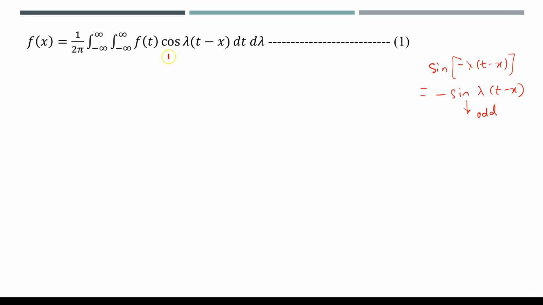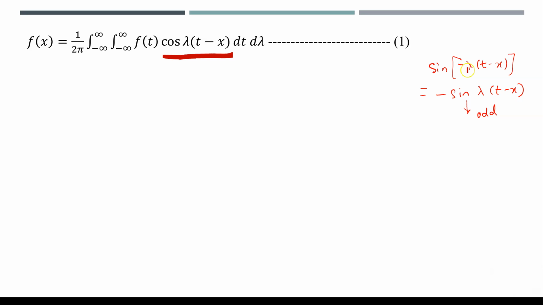Here, if this cos lambda into t minus x is even, then we can understand this sine term. Sine function is an odd function. So if we consider sine instead of cos, then sine lambda into t minus x is odd in terms of lambda.